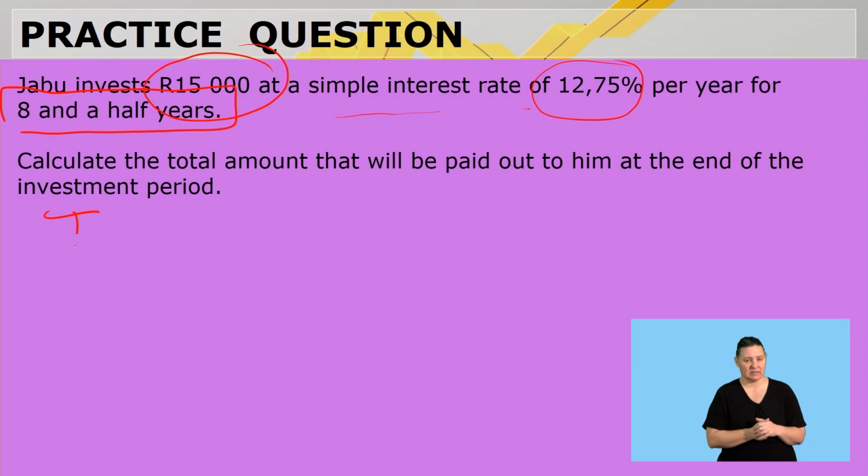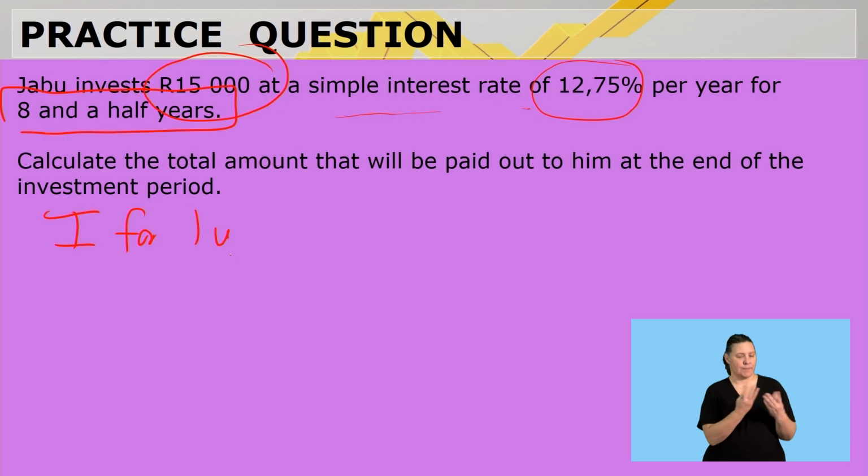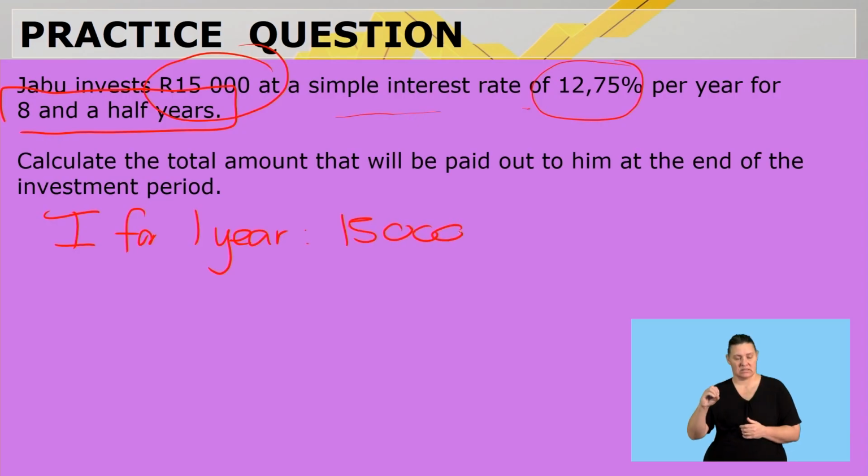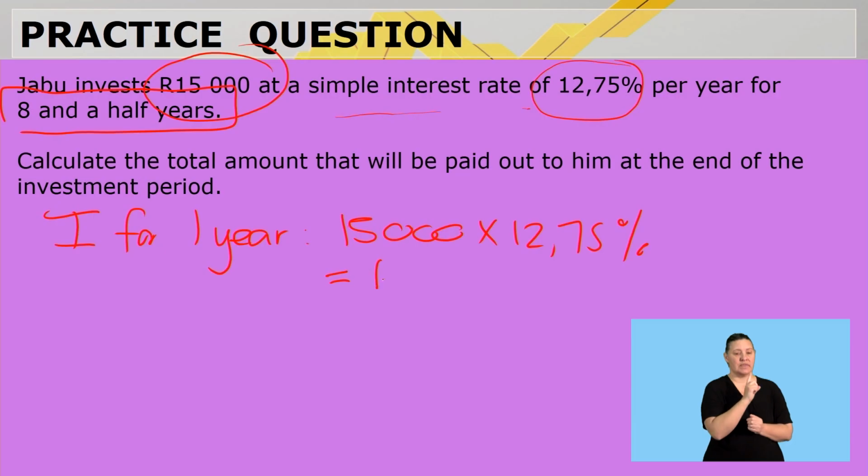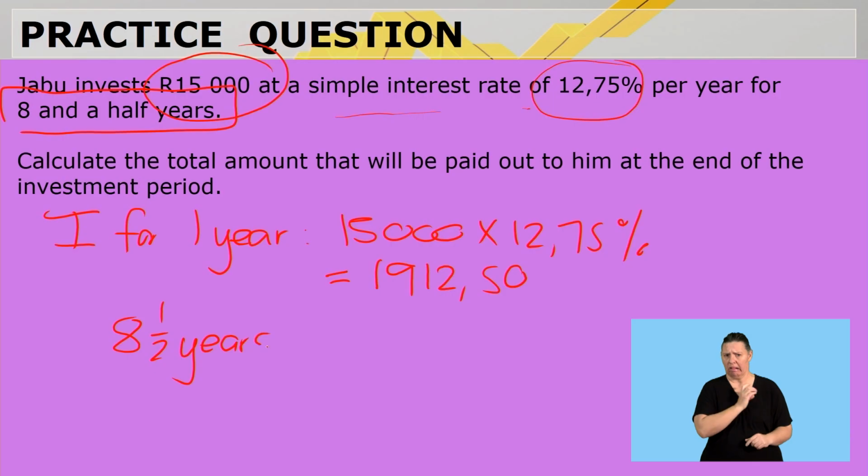So let's quickly calculate the interest for 1 year. That's going to be 15,000 times the 12.75%, and that is 1,912 Rand 50.